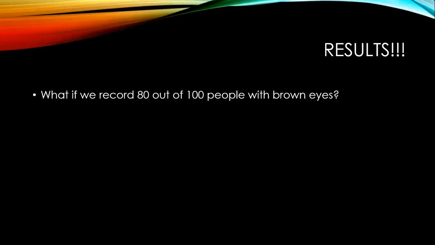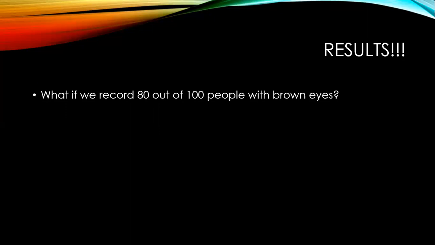So what if we counted 80 people out of 100 who had brown eyes? Remember, our null hypothesis, our original status quo assumption that we had to go into the investigation assuming, was that 80% of people in the town had brown eyes. So what if we took our sample of 100 people and exactly 80 people had brown eyes?